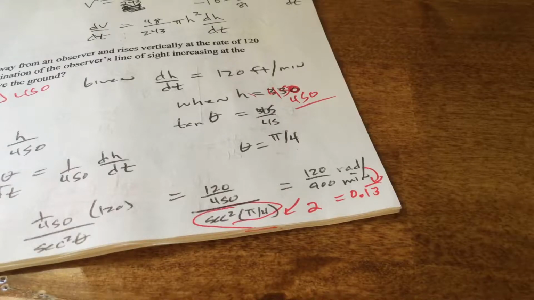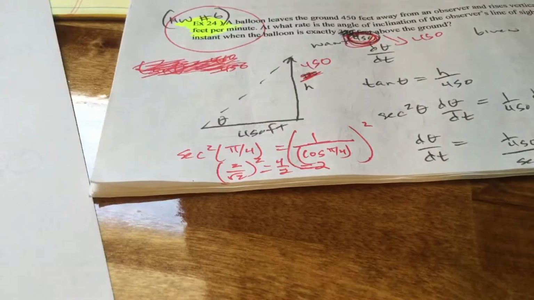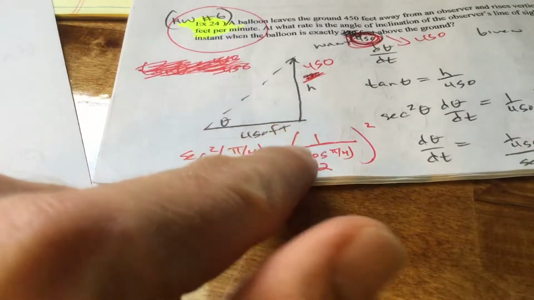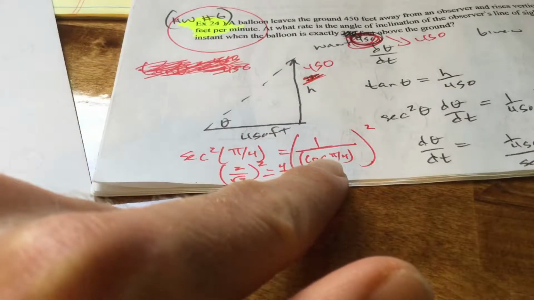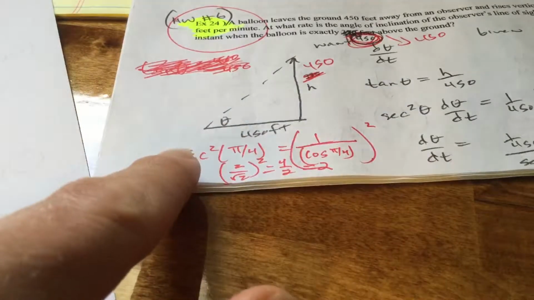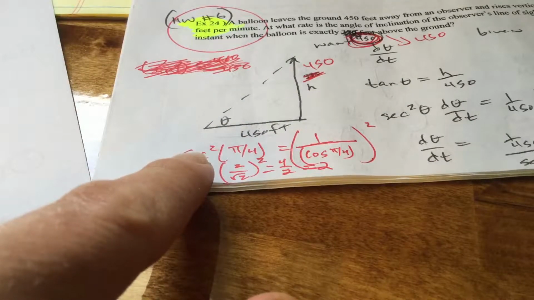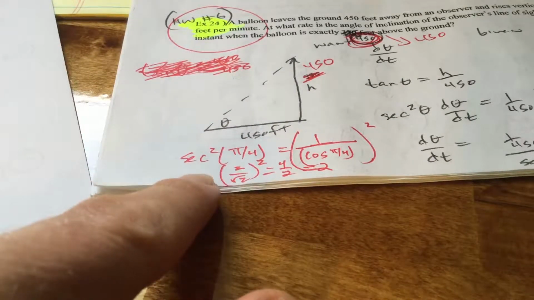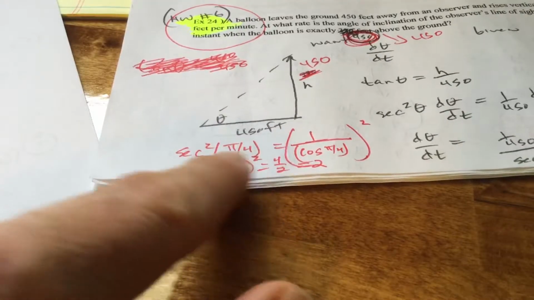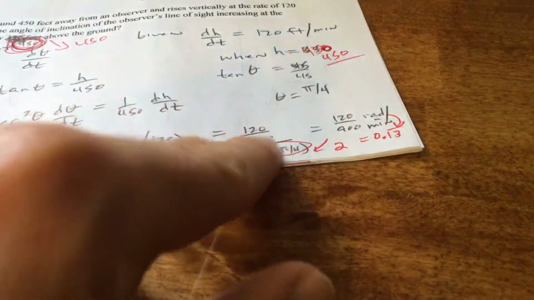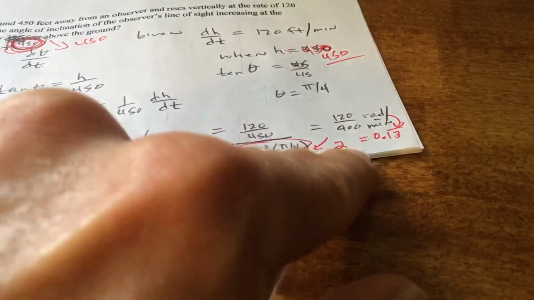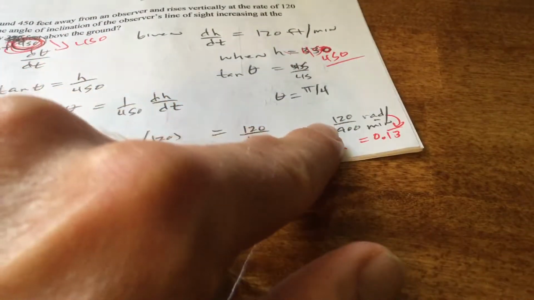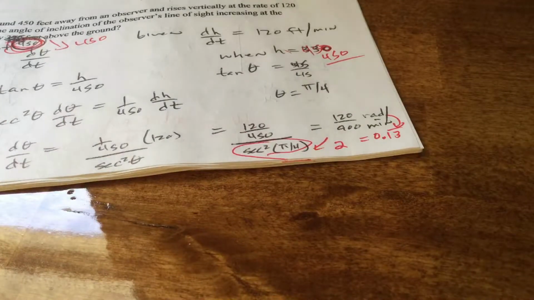Secant squared of pi fourths, I showed some work here. That's just 1 over cosine of pi fourths squared. Cosine of pi fourths is root 2 over 2, so 1 over that, the reciprocal, squared, you get 2. So 2 is in that denominator, that's going to double the 450, that's how we get 120 over 900, and then radians per minute.